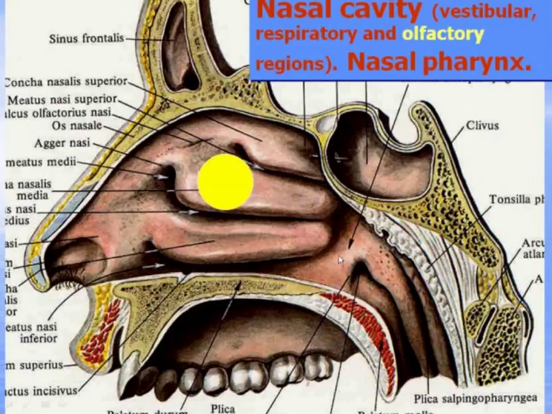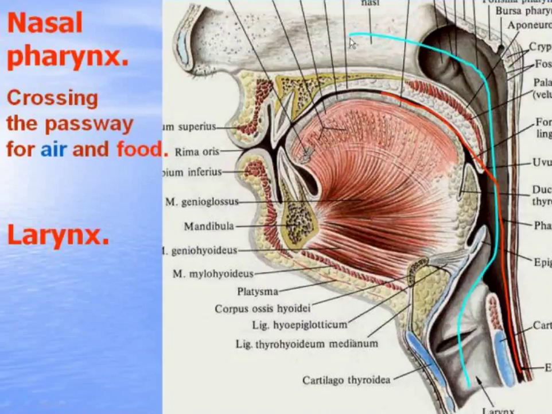Then nasal pharynx, it's a tubular organ. This is the way of air from the nasal cavity, nasal pharynx, through the oral pharynx to the larynx when the epiglottis is opened. The larynx wall consists of mucous membrane, fibrocartilage, and adventitia.